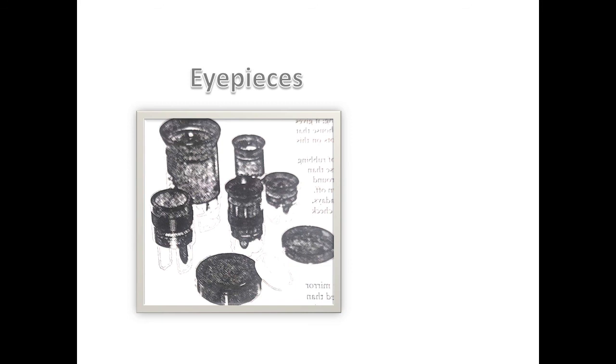Next is the eyepiece. There are many types of eyepieces there. Now, when we talk about the eyepiece, we have to find which eyepiece we need for which type of objects, as we have discussed in the eyepiece section also.